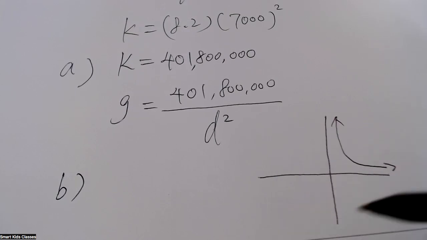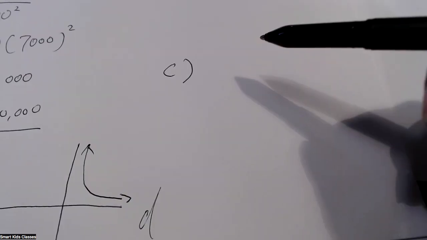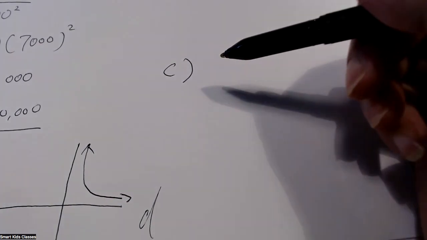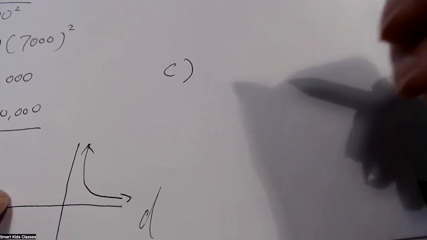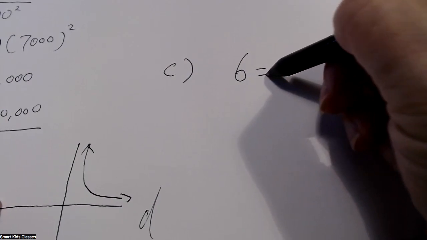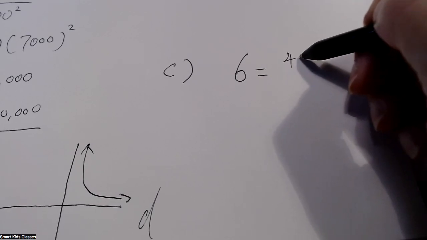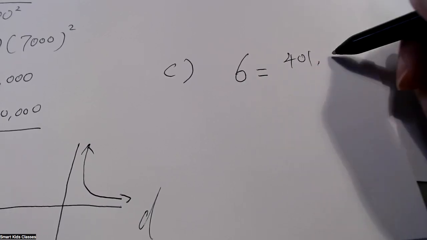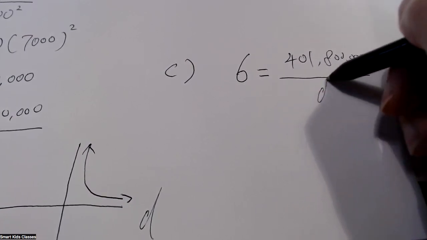The next one, we're going to find the distance when the gravity G is equal to 6. So 6 is equal to the constant, 401 million, over d squared.